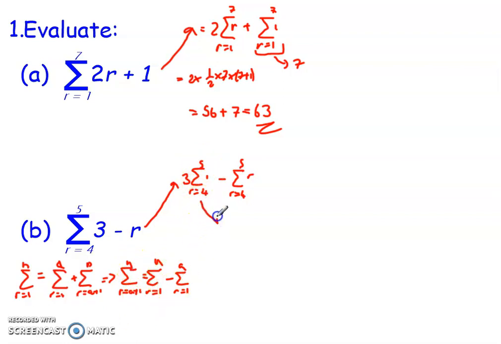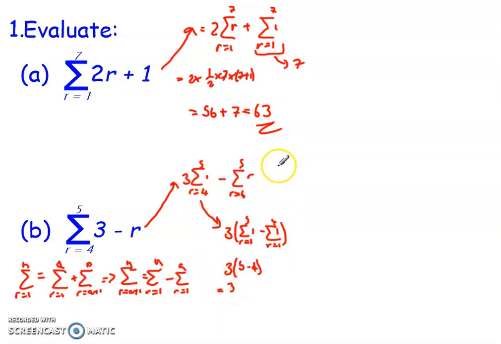So to do this one, I'd have to do 3 times the sum from r equals 1 to 5 of 1, take away the sum from r equals 1 to 4 of 1. And in this case, that's going to give me 3 times 5 minus 4. 5 minus 4 is 1, so that just gives me 3. So that first term simplifies to that.